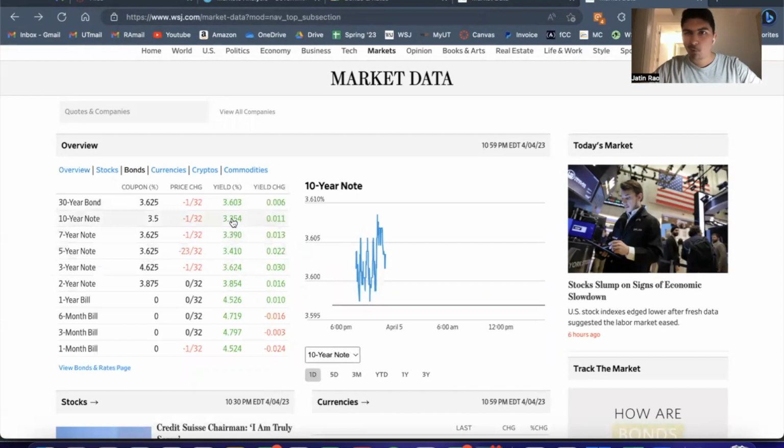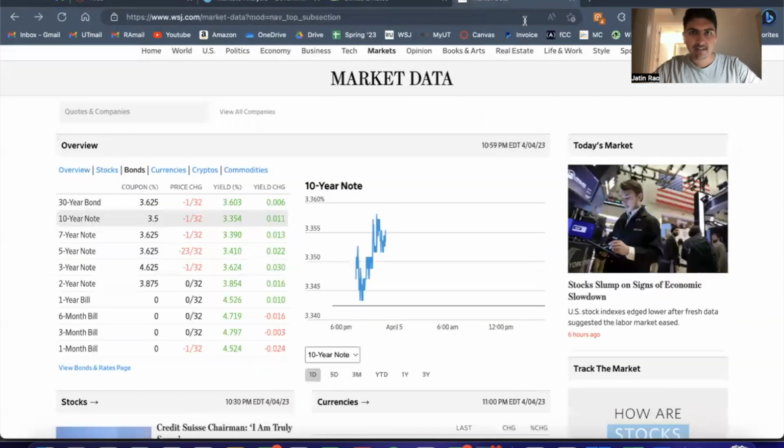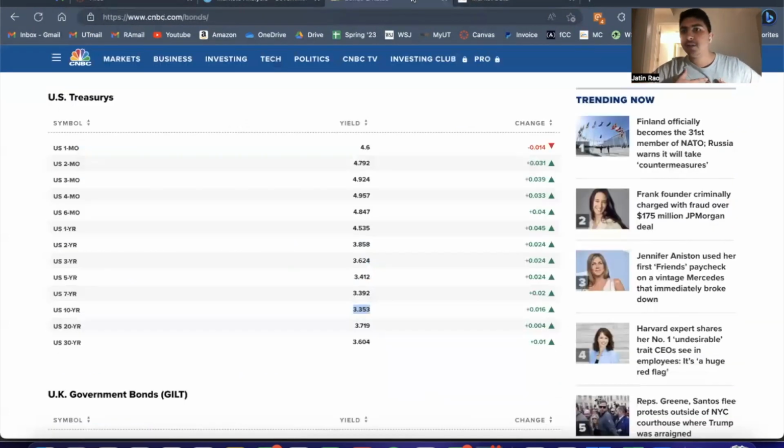I'm not exactly sure why Wall Street Journal and CNBC show different yields. Maybe they're looking at different treasury notes. Maybe Wall Street Journal is constantly updating it. Maybe this is sort of an estimate of the yield. I know that I tend to trust CNBC more.